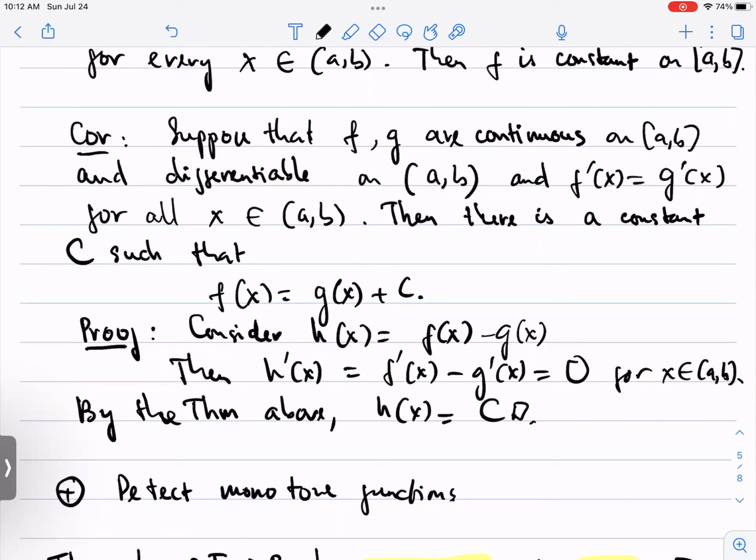In other words, the difference between these two functions is essentially a constant.